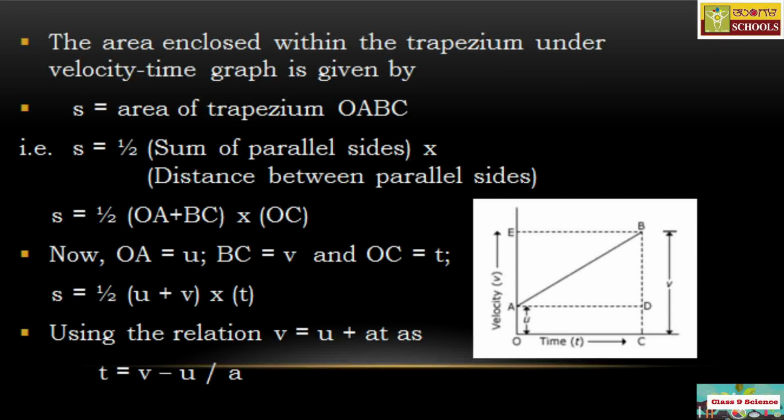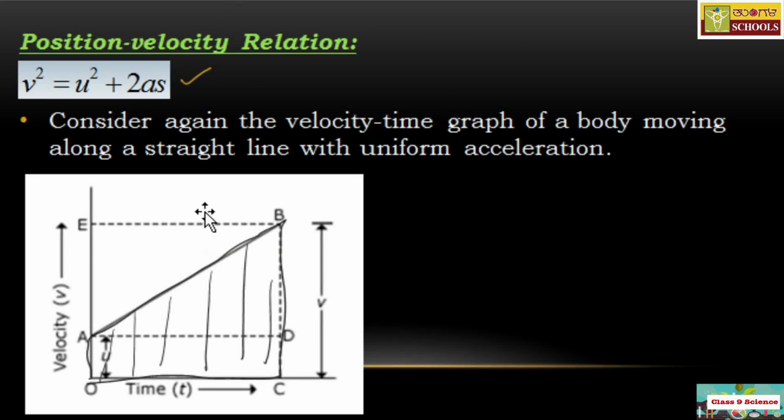Hence I can say that the area enclosed within the trapezium under the velocity-time graph will be given by S is equal to the area of the trapezium OABC. So I took this portion as OABC.